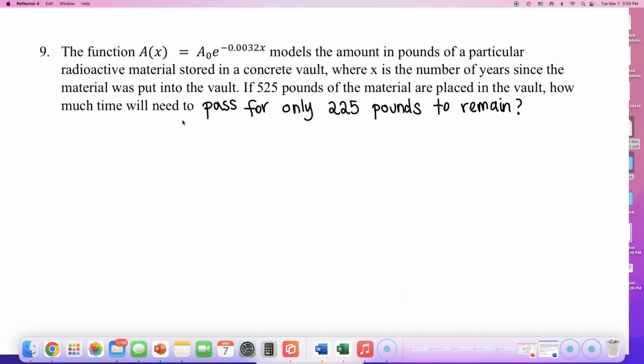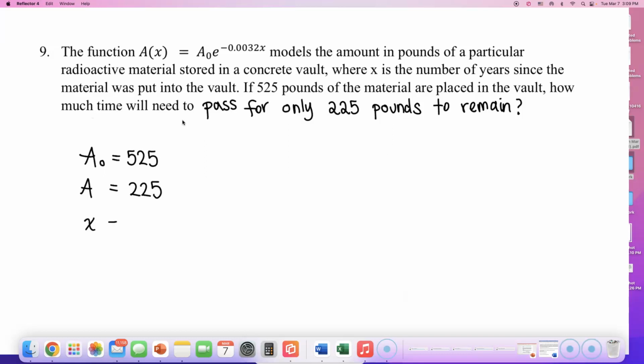So let's try this. We begin with how much? 525 pounds. So that's the initial amount. I want to know when I will have 225 pounds, okay? So here we're looking for x.